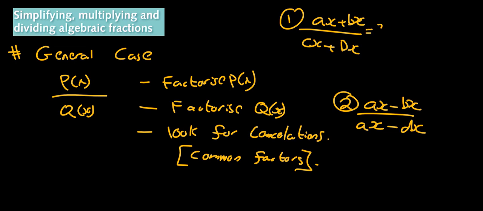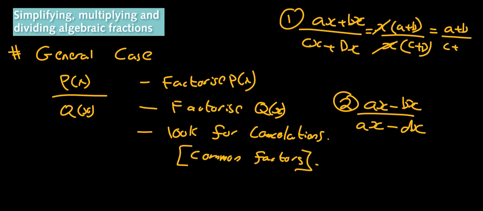Okay, so that's enough time. Hopefully you've done that now. So we factorize the numerator, p of x, factorize the denominator. X divided by x is 1, so we are just left with a over b and c plus d. Okay, so same here.